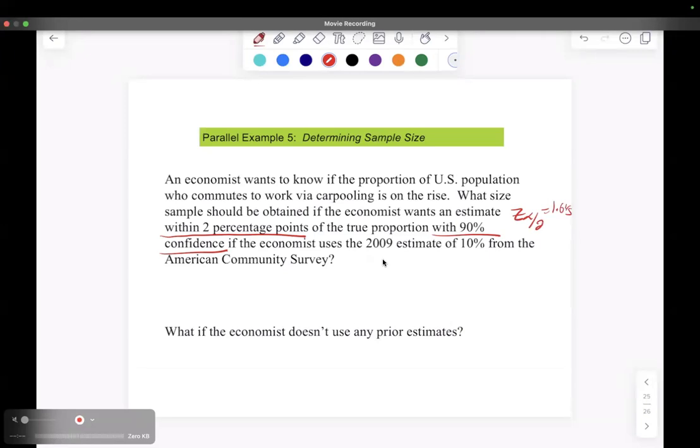And previously, in 2009, we had a 10% estimate. So we're going to use that. I would like you to attempt this with the formula. I'll work quietly behind you.